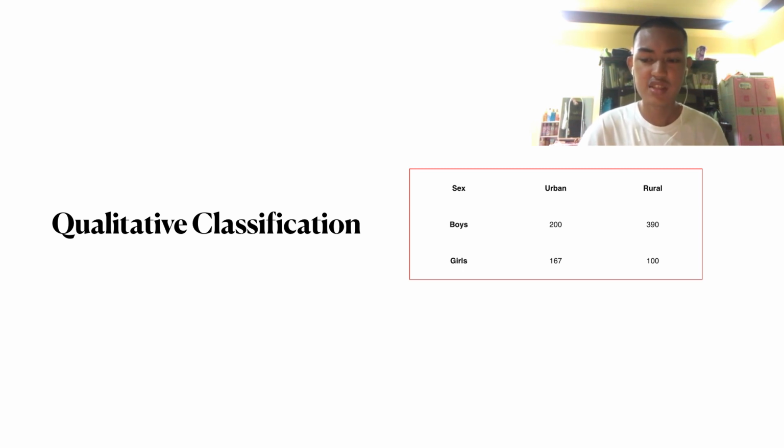Qualitative classification is data in a table that is classified on the basis of qualitative attributes. In other words, if the data contain attributes that cannot be quantified like rural or urban, boys and girls, etc., it can be identified as a qualitative classification of data.